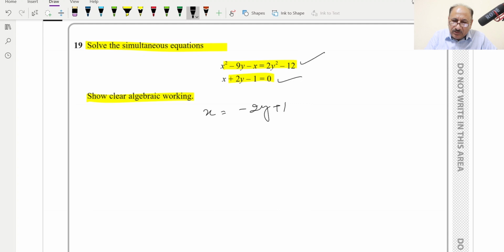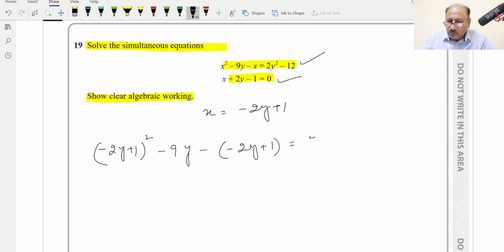This is the substitution method which I am using. So it will be minus 2y plus 1 whole squared minus 9y minus x. X we can replace by the value which is minus 2y plus 1, and this is equal to 2y squared minus 12. And now we can open this square.